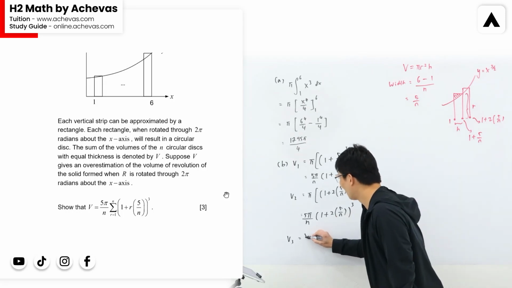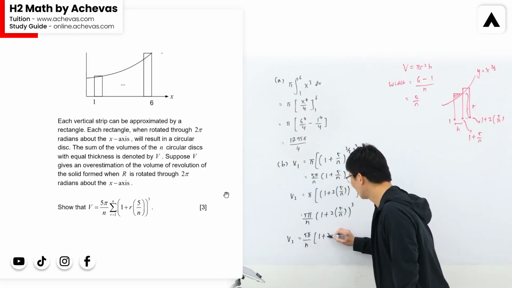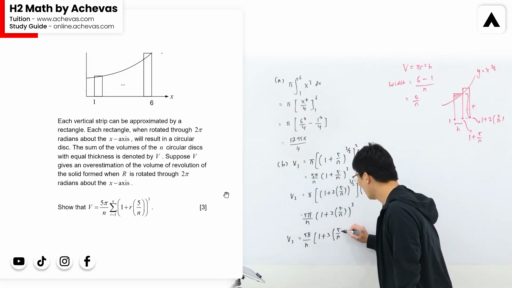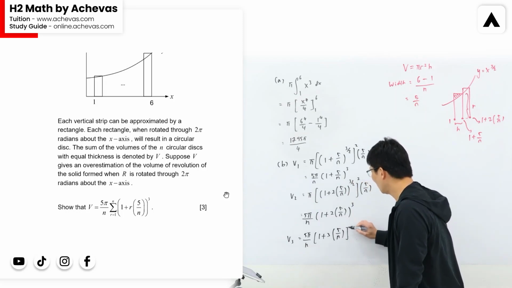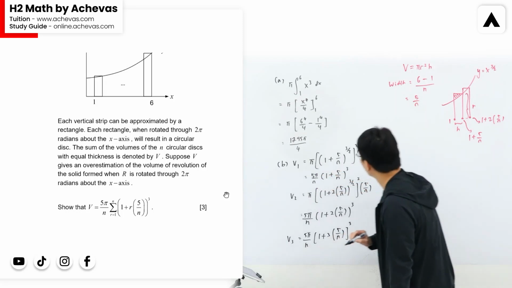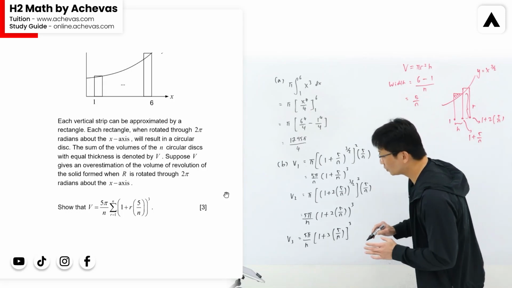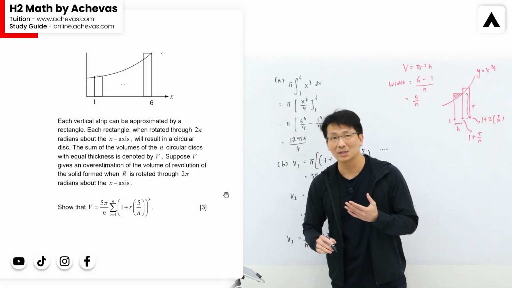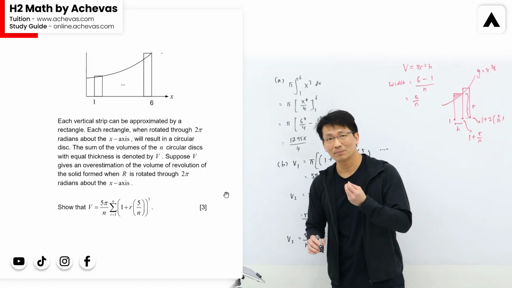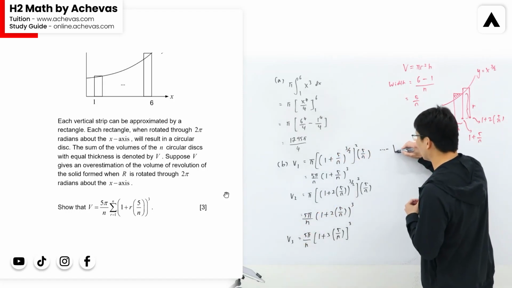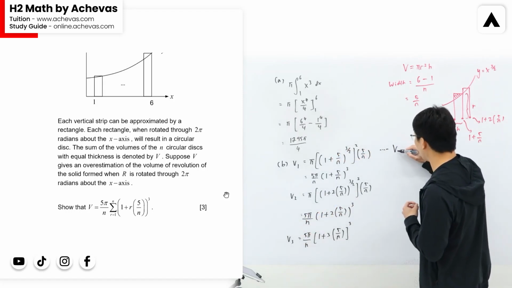So it will be 5 pi over n, and this will be 1 plus 3 bracket 5 over n, and this whole thing will be to the power of 3. From here, we can already deduce what happens for the last volume generated by the nth strip.